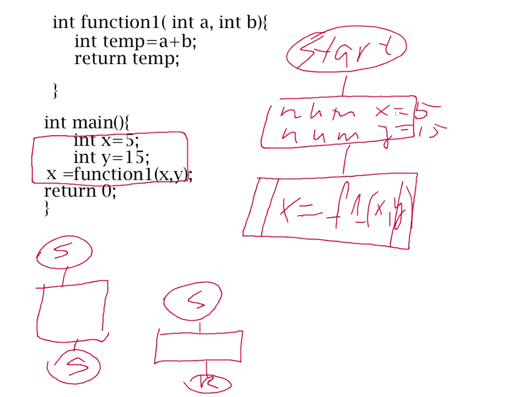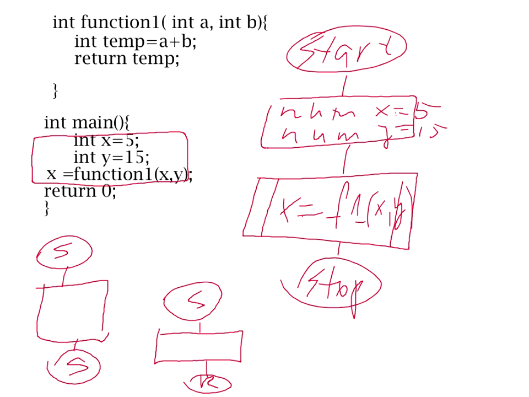So we know we're going to call a function, and that function will receive x and y. Whatever is returned is going to be stored in x, and at that time we're just going to stop.